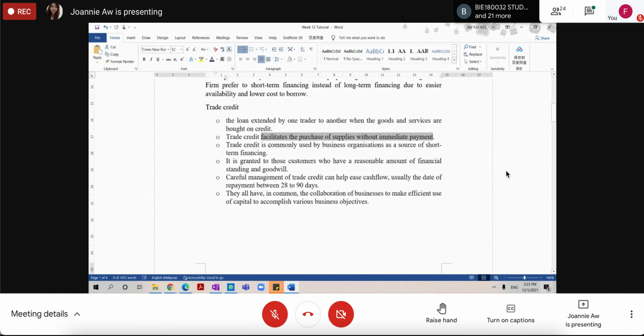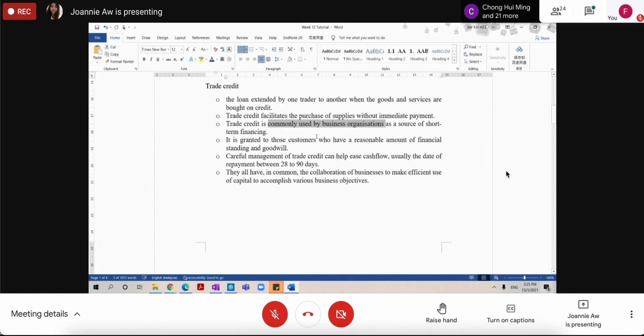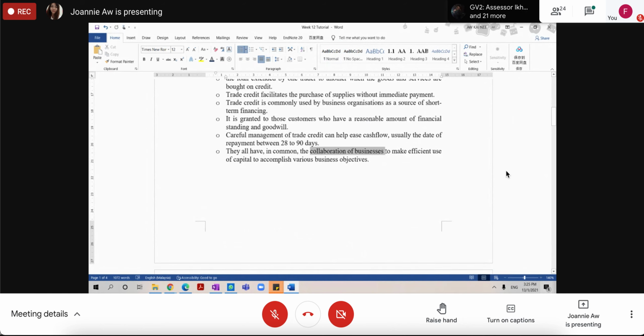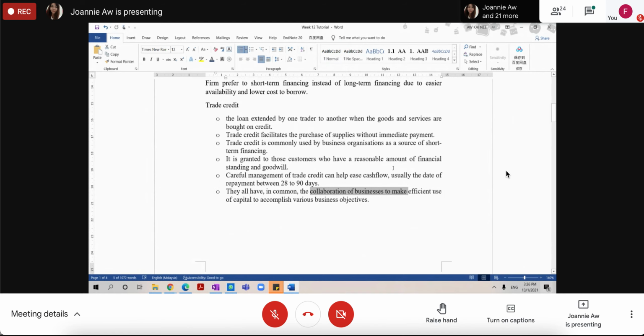It is commonly used by business organizations as a source of short-term financing, and it is granted to those customers who have a reasonable amount of financial standing and goodwill. The date of repayment is between 28 to 90 days. And the business will make efficient use of capital to accomplish various business objectives.